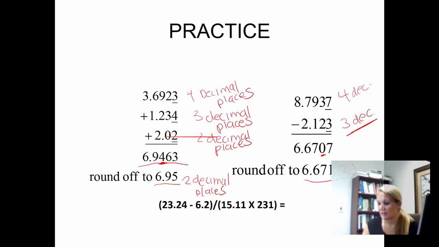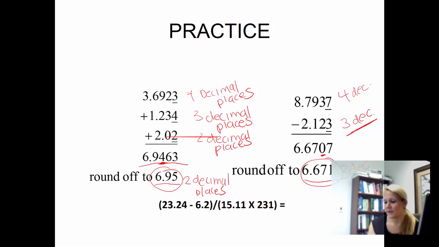And so our final answer is to 3 decimal places. So students will think sig figs because that's what we've been talking so much about, and that doesn't always match up. You can look at your final answer and say our final answer has 3 sig figs and this one has 4.